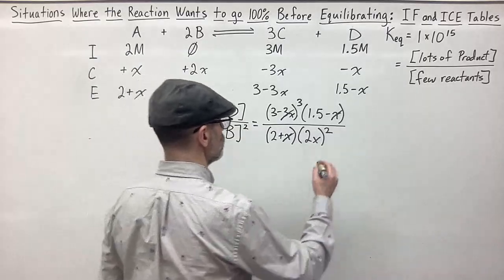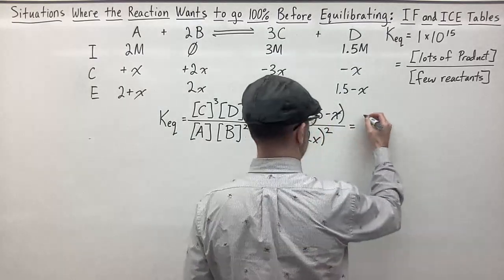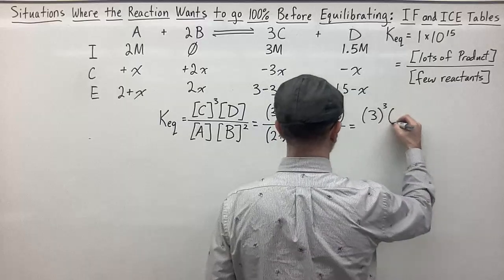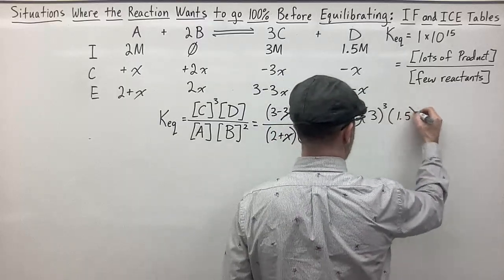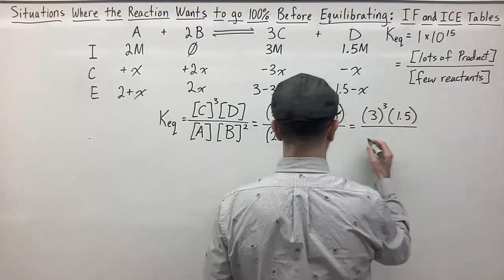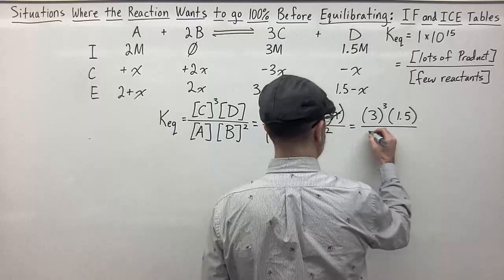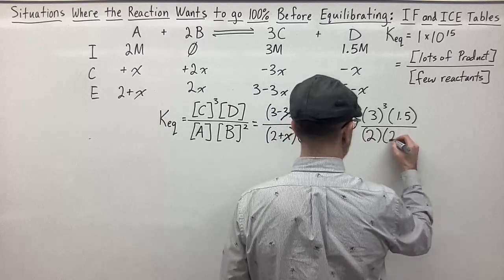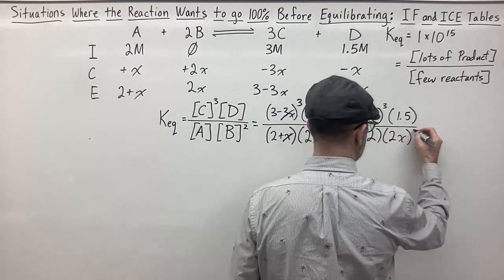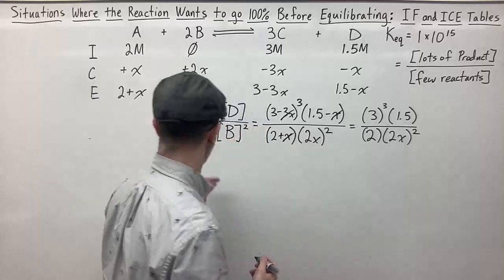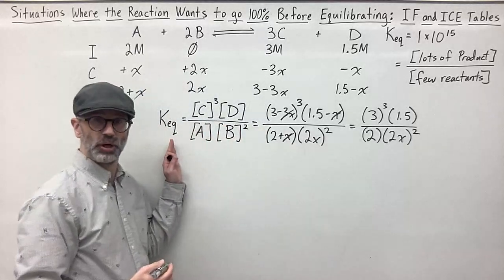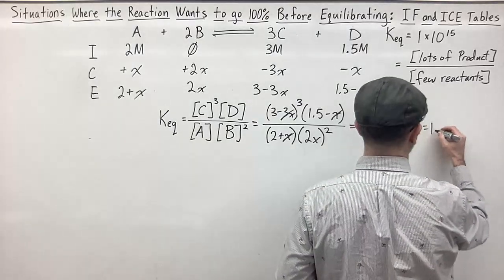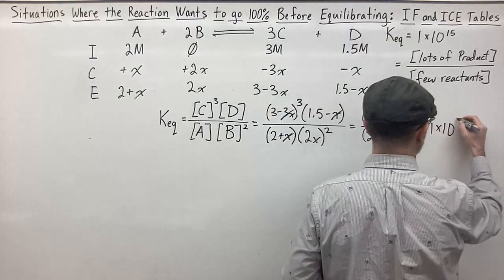So now this will simplify to the following, which is going to be 3 cubed times 1.5 divided by 2, and then times 2x squared. And of course, this is equal to the equilibrium constant, which is 1 times 10 to the 15.